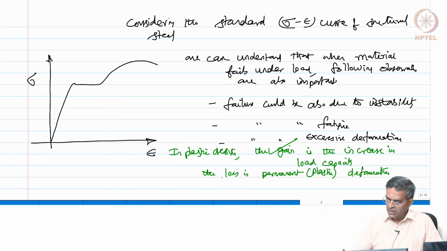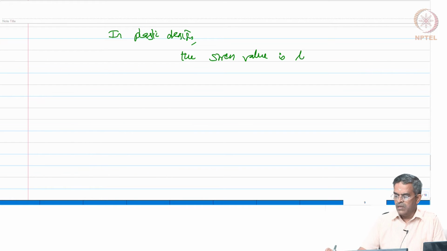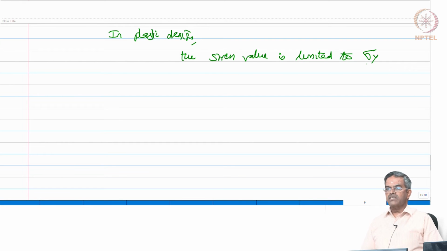So, there is a gain, there is a loss. Okay. It is also interesting to note that plastic design is named so even though the stress is up to sigma y. Please note that in plastic design, the stress value is limited to sigma y. If you ask me a specific question, what would be the sigma y, upper or lower yield, because many materials do not show both the yield points.